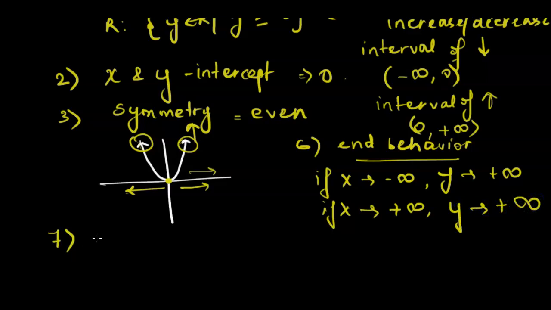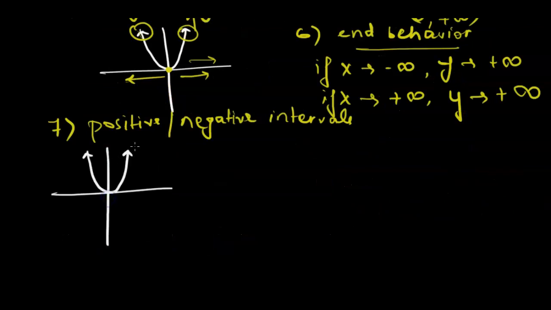Seventh characteristic is positive and negative intervals. For positive and negative intervals, we start walking from left to right to write the answer. However, we first notice where the graph is above the x-axis and where the graph is below the x-axis. Let's say we redraw the graph. Now this graph is always above the x-axis. It's never going below the x-axis. So there is no negative interval.